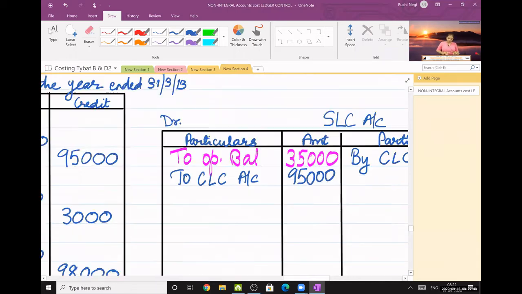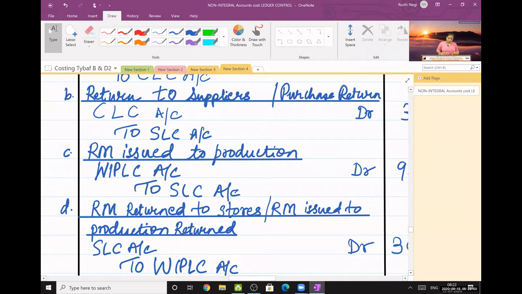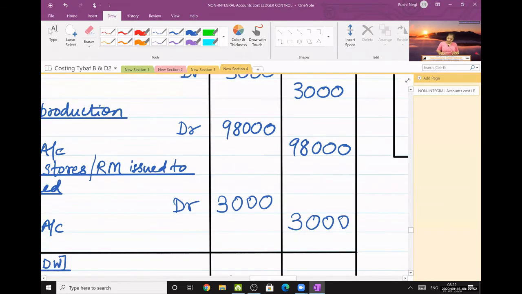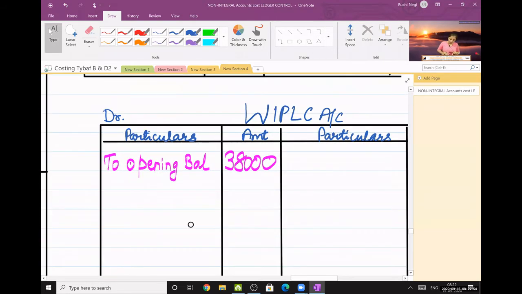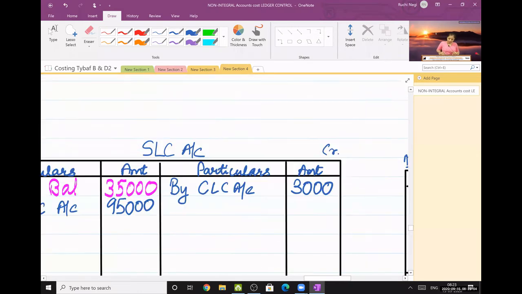Next, WIP to SLC 98,000. So go to WIP ledger debit side. WIP to SLC account 98,000. Second effect, SLC credit side by WIP ledger control account 98,000.